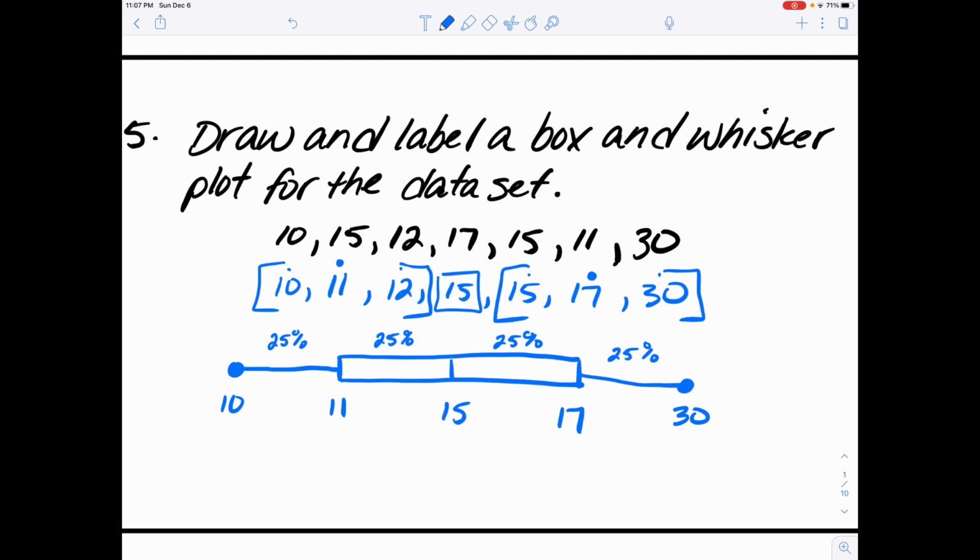So let's label this. Sometimes different textbooks and different questions will label the quartiles, or the quarters. The left side of this box here is often labeled as quartile 1. The median in the very, very middle, that we did at the beginning of our box, is labeled quartile 2.